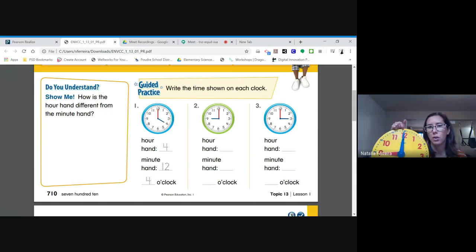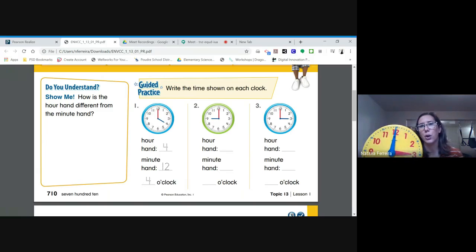Minute hand is 12. So what time is it? 9 o'clock. Now I'm going to bring my clock back to where it was during our visual learning.